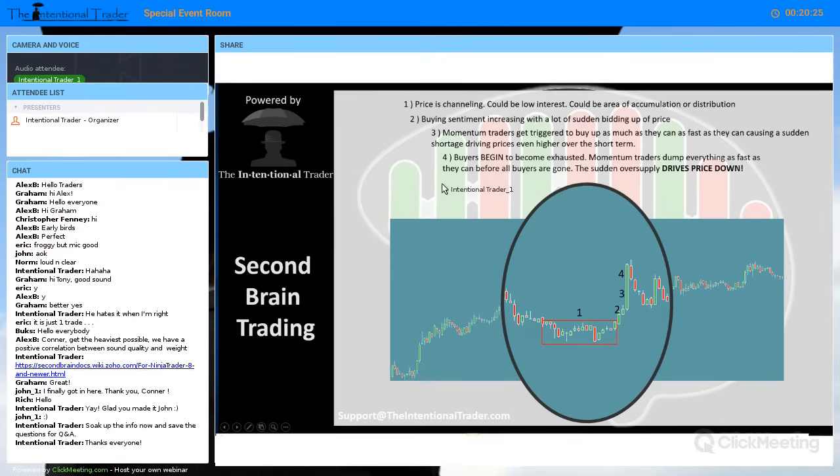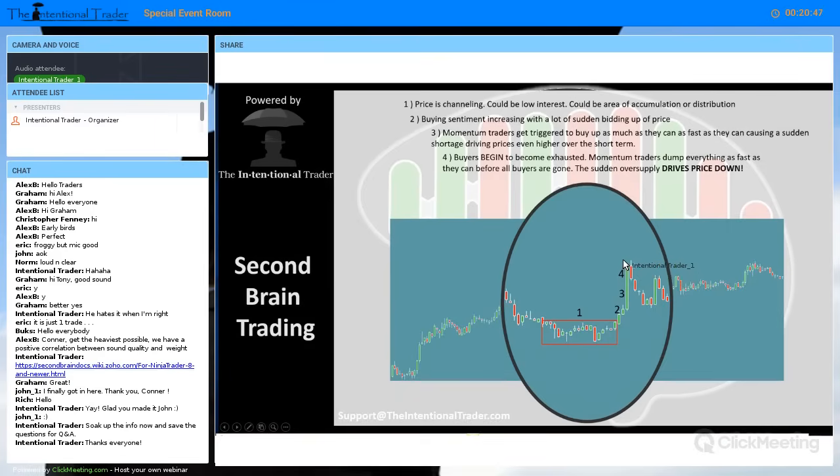And then suddenly these guys start dumping things on the market. So now the market becomes overwhelmed. After they've dumped off, they're going to wait right up in here when there are still buyers, and they're going to start selling like crazy while there are still buyers. And this is what's going to exhaust those buyers. This is the exhaustion point here. I'm going to show you something in a minute.